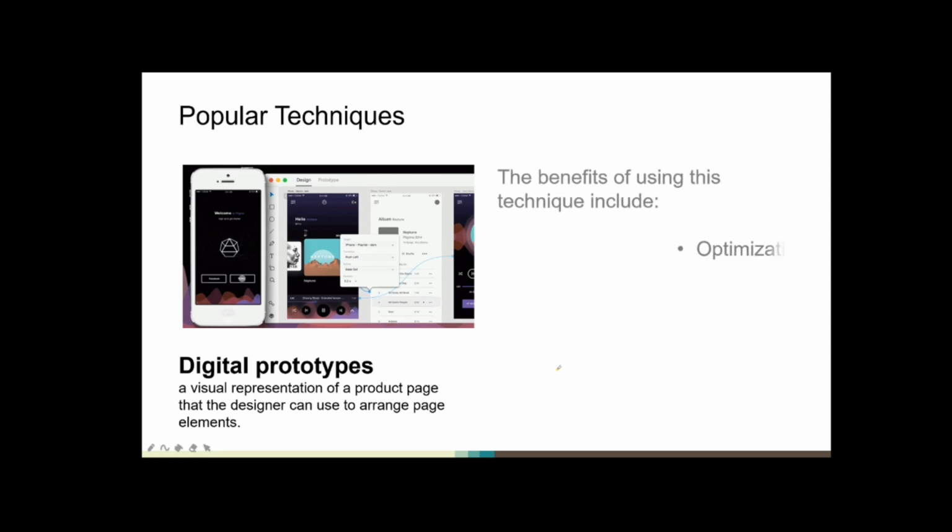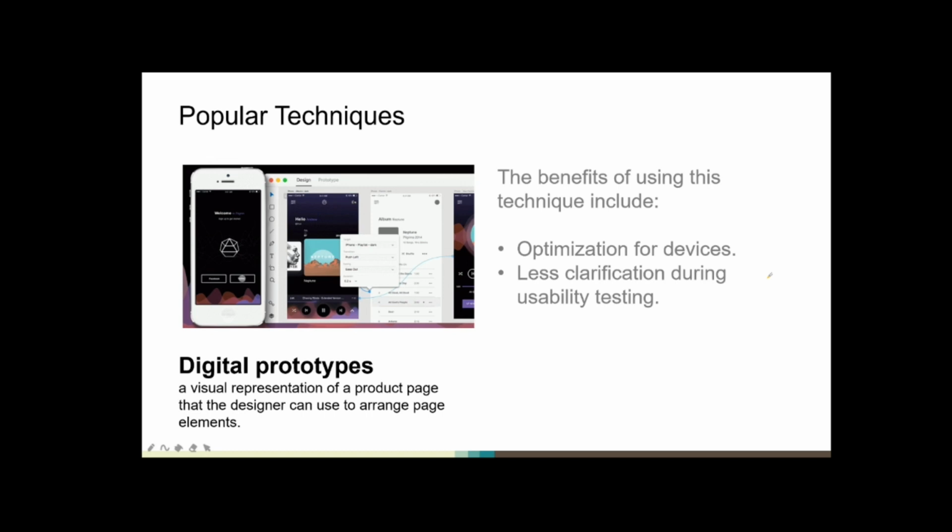So the benefit of these includes optimization for devices. Specialized software allows designers to preview a prototype in a web browser or in a desktop or mobile device, or you may want to design it in viewports.